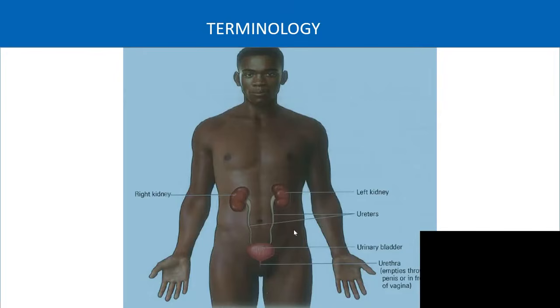Non-invasive means the physician will not create any type of incision. For example, if the physician wants to perform cystourethroscopy, he will insert the cystoscope through the urethra into the bladder. Here the physician is not creating any incision, correct? So these are non-invasive procedures. Non-invasive means no surgery or no incision. Through the natural opening, the physician will insert the cystoscope.